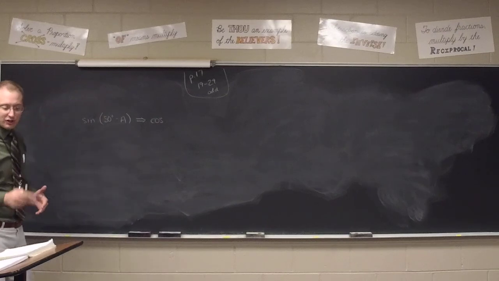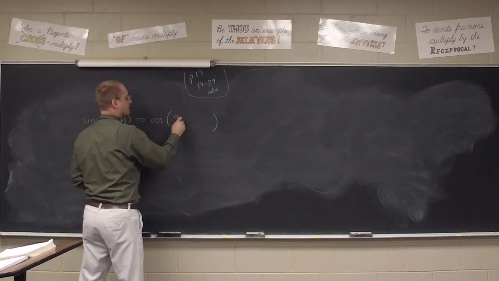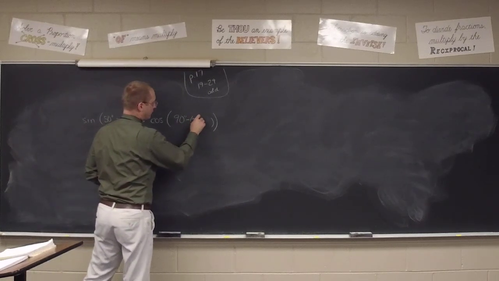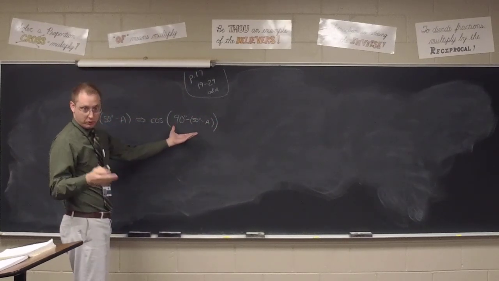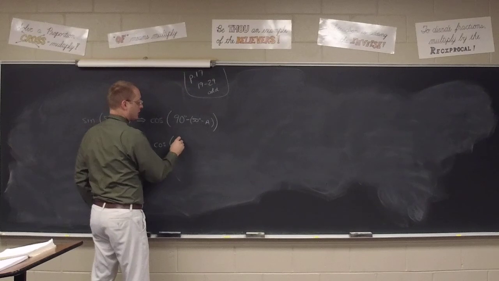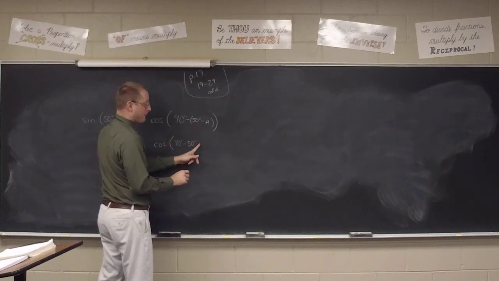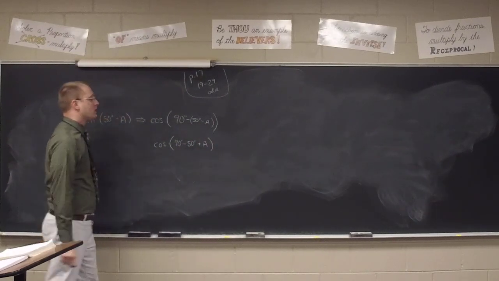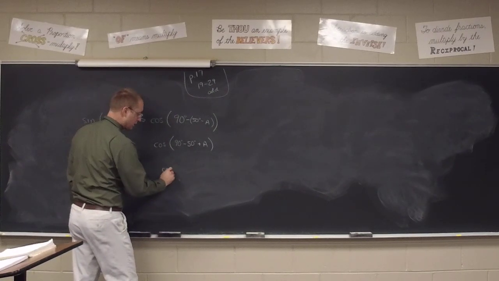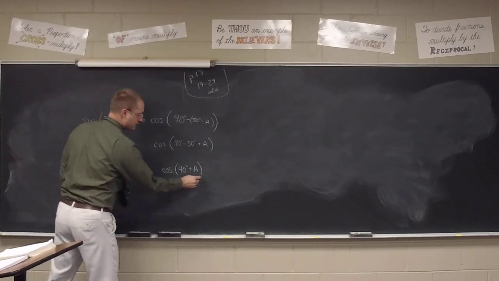Then, just like we did on the last two, 90 minus 25, 90 minus 20, to get the angle I subtract 90 minus the quantity 50 degrees minus A. I'm going to simplify this algebra a little bit. 90 degrees minus 50 is 40, and then the negative A changes to a positive A. So my answer is the cosine of 40 degrees plus A. That's what the sine of 50 degrees minus A is equal to.